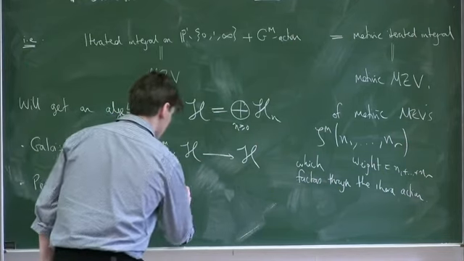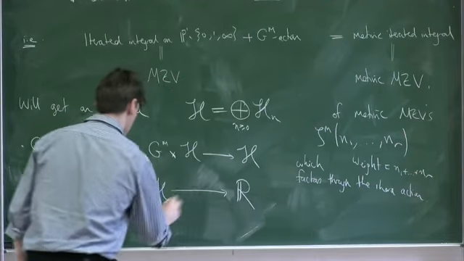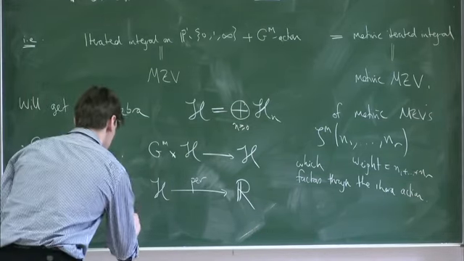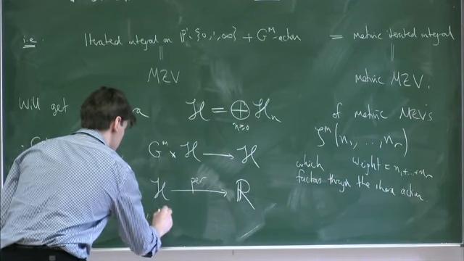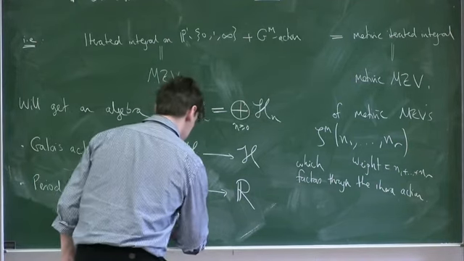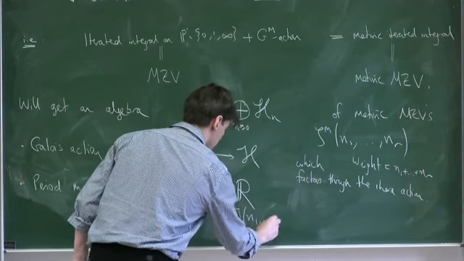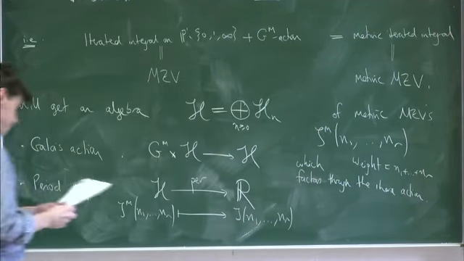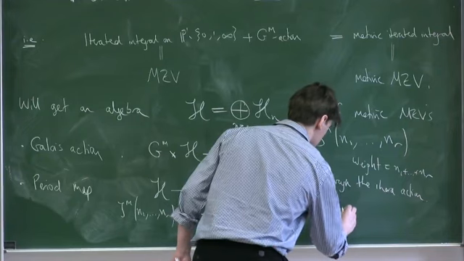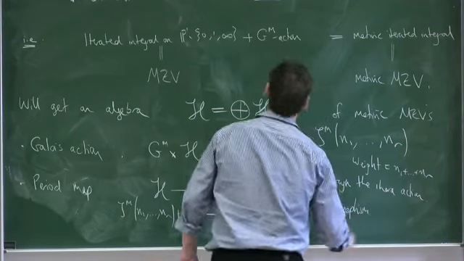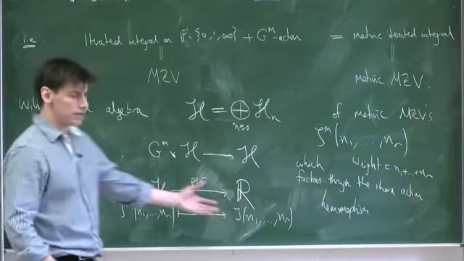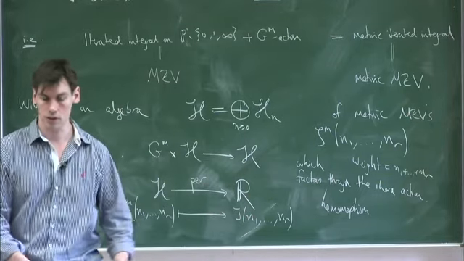Again, without this, we can't compute very much either. It's going to be called period, and it's going to send the Motivic multiple zeta value, which is some abstract algebraic object, to an actual number, which is the same number as it should. And so this map is a homomorphism. So in particular, any identity you prove on the level of Motivic multiple zeta values automatically becomes an identity on actual multiple zeta values after applying the period.